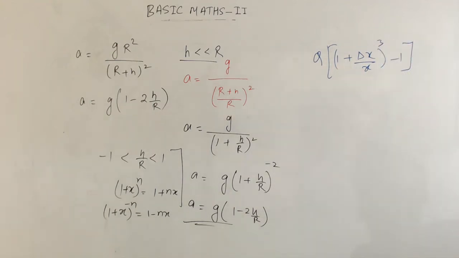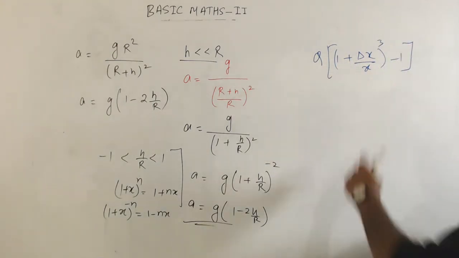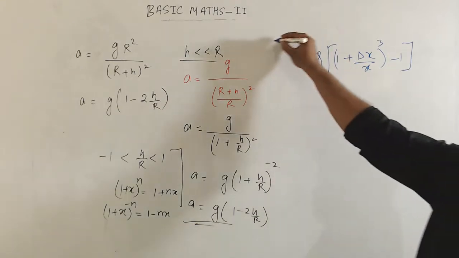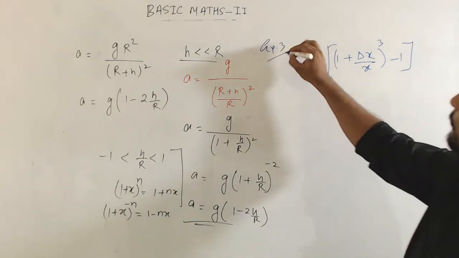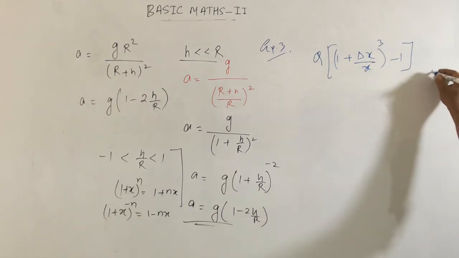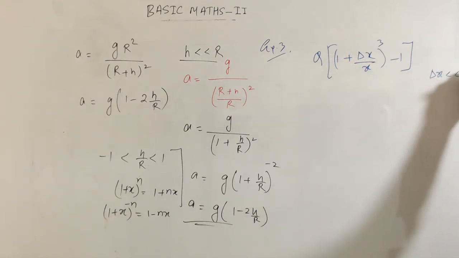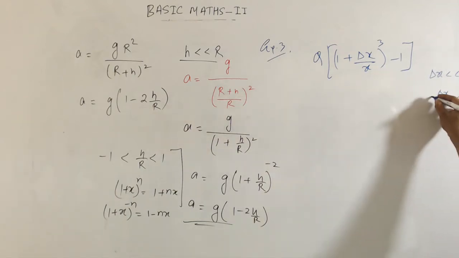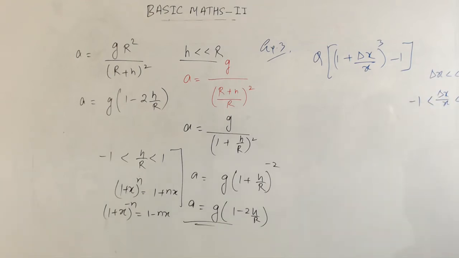Now it becomes okay, because if I don't raise the power, this 1 will automatically get cancelled. So maybe this could be your next example. As we can see over here, delta x is definitely very, very less than x. Even if it is just less than x, delta x upon x is less than 1 and should be more than minus 1. I don't know if this part is coming in the recording or not.